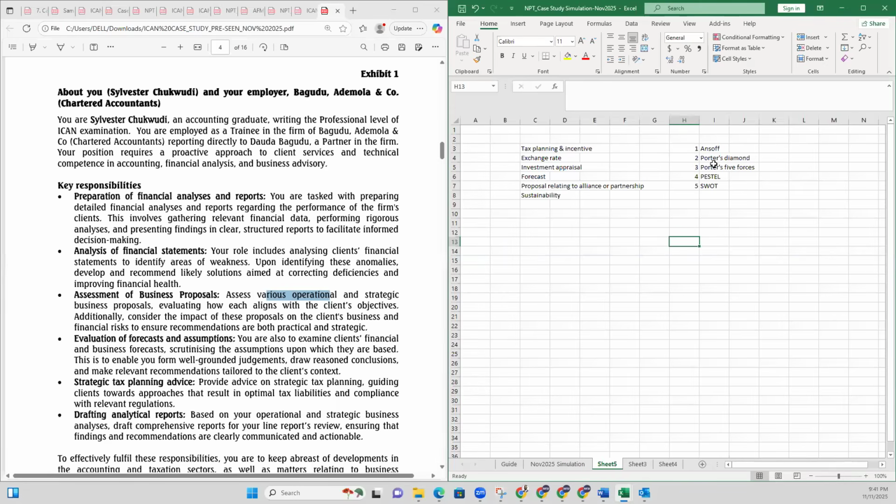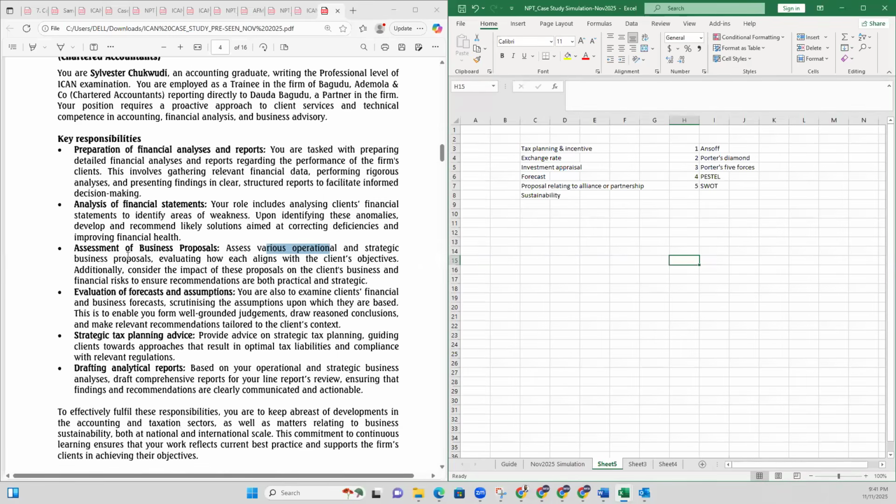So at the end of the day, Potter's 5 forces might even have a limited chance, really. That's because Potter's 5 forces emphasize your customer, your supplier, and all of those things, and there has not been so much emphasis on customers, suppliers, even competition. It was just a few mentions, not an emphasis on competition or rivalry in the industry.